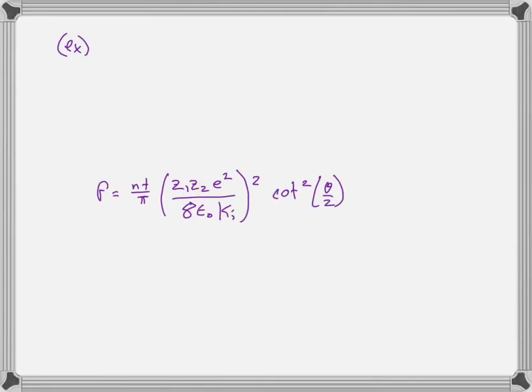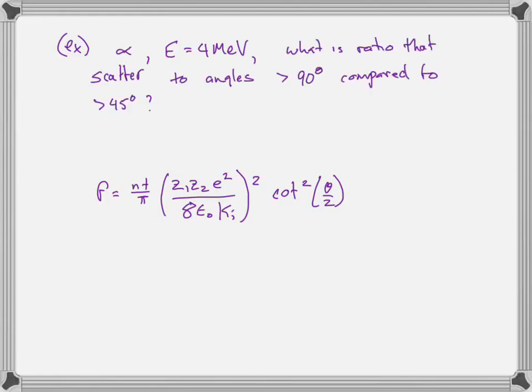What is the ratio of alpha particles with energy 4 MeV that scatter to angles greater than 90 degrees compared to 45 degrees, let's say? If we're just doing a ratio, it's going to be F90 over F45, and nothing changes except for the angle.